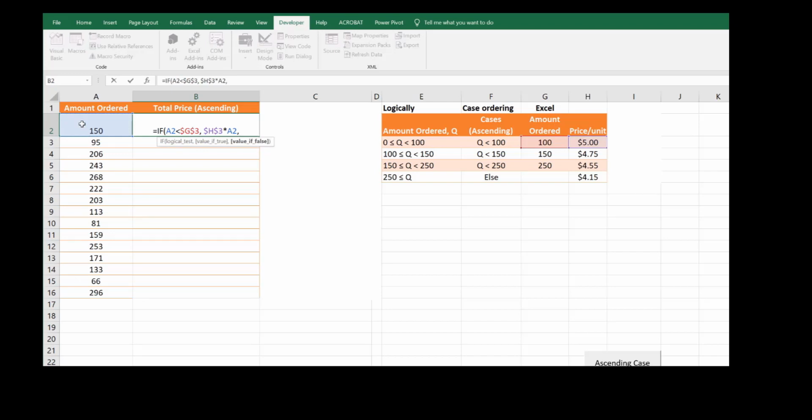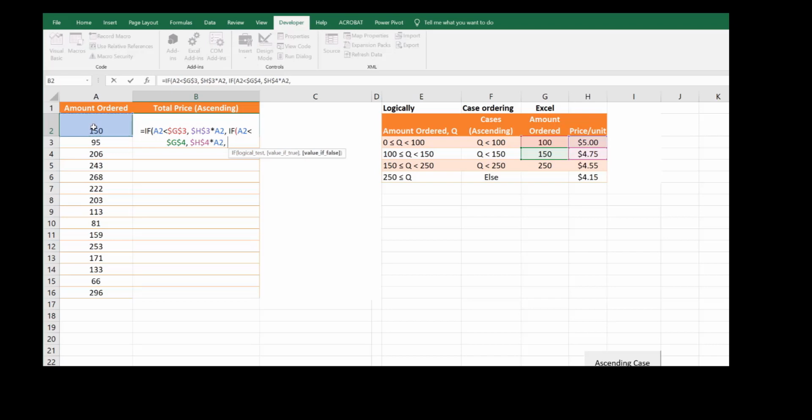Else, if this is not true, then if the amount ordered is less than 150, our second threshold, again we need to lock that, then we are going to charge 475, which needs to be locked, times the amount ordered, which is A2.